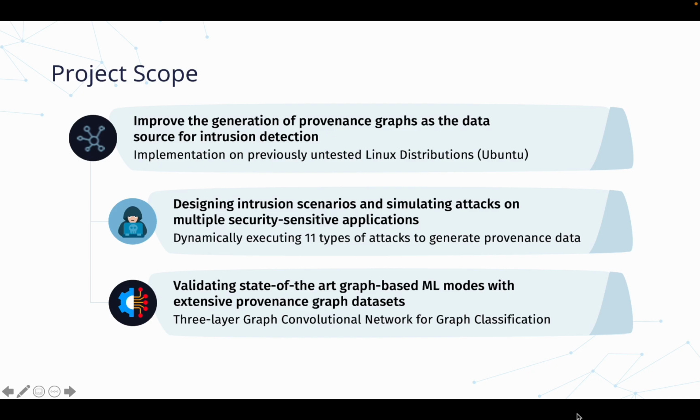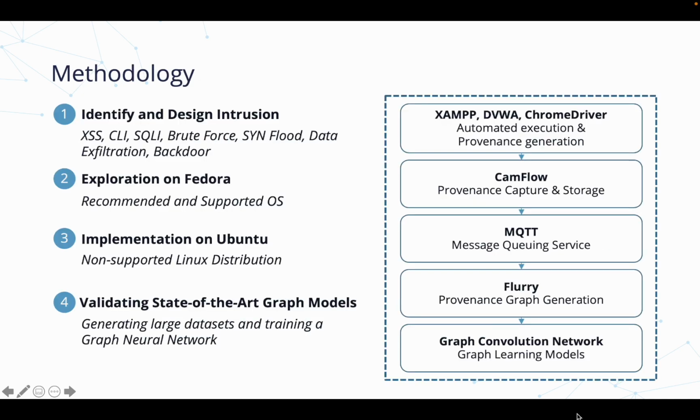In this project, the goal is to improve the generation of provenance graphs as the data source for intrusion detection. To do that, I designed intrusion scenarios and simulated attacks on multiple security-sensitive applications to generate provenance data. Next, I validated state-of-the-art graph-based models with extensive provenance graph datasets.